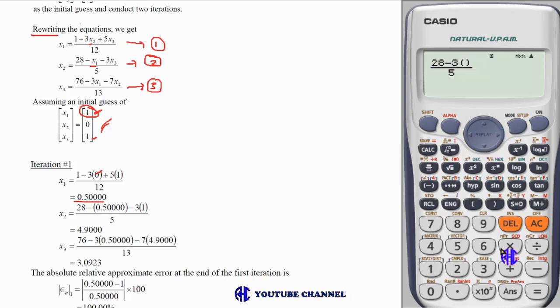Kasi ito na yung bagong nakuha natin na value ng x sub 1. Okay? So, 28 minus 0.5. Instead na 1, 0.5 na. Minus 3 times yung x3 natin, kasi wala pa tayong value ng x3, ito yung gagamitin natin, yung sa initial condition. Then, equals. So, that is 4.9.